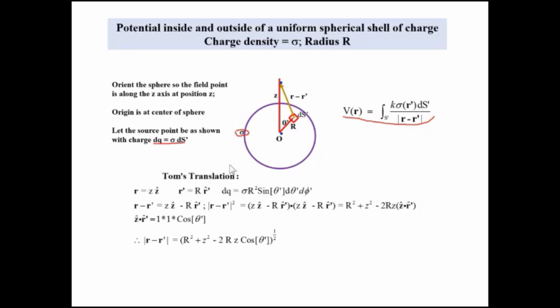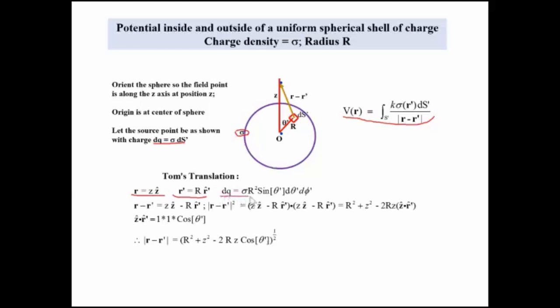So here's my translation. Our r vector is along the z-axis, so it's in the z-hat direction, and we positioned it at a distance z from the origin. Our r prime is on the sphere, so it's a distance r, and will be in the direction of r prime hat. I've tried to show it here where this is sort of towards us. So this is the vector r prime if we were to put an arrowhead on it.